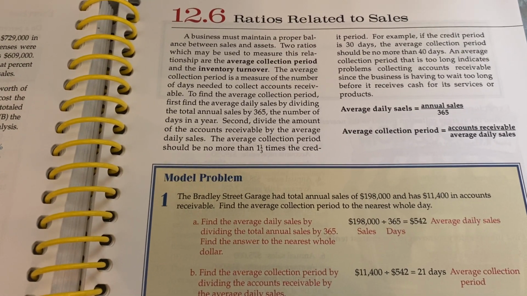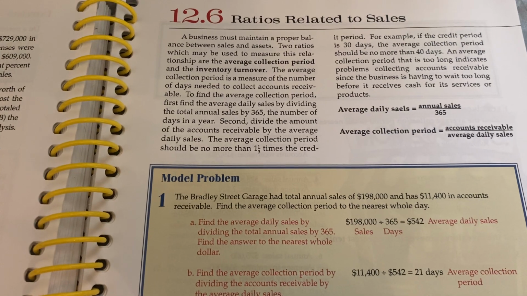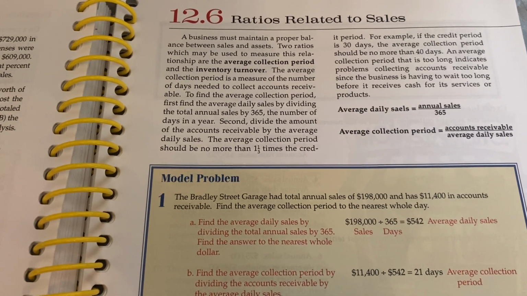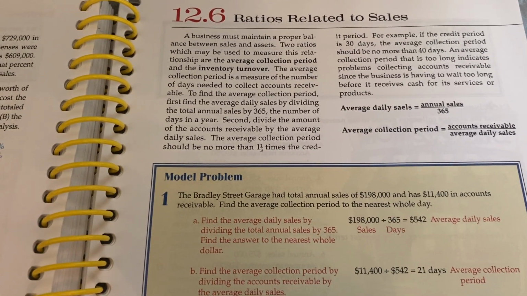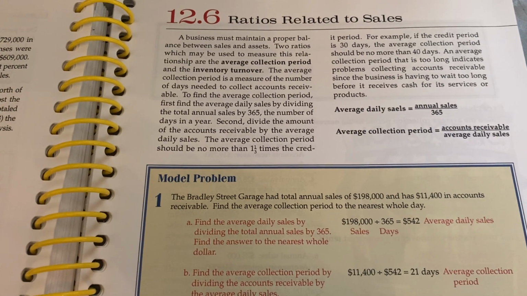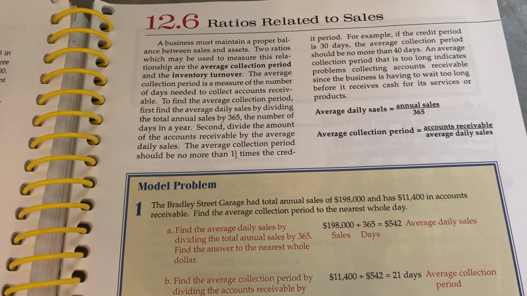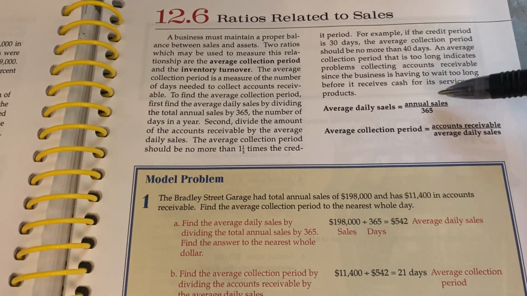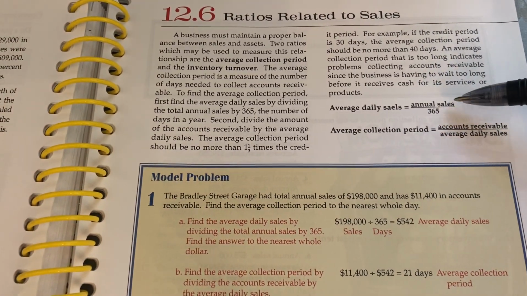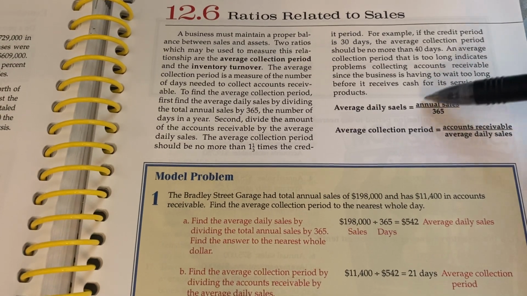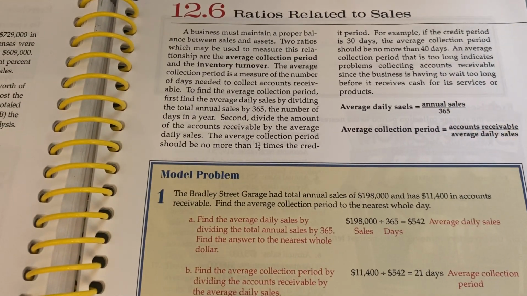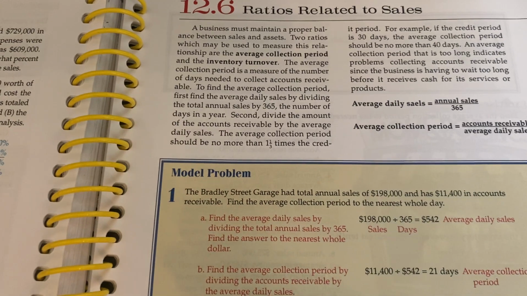So it's the average daily sales, which is the annual sales divided by 360 days, because there's 360 days in a year. You take the annual sales, how much money you made every year, and divide that by 365 to see how much money you're making each day, to find your average daily sales.